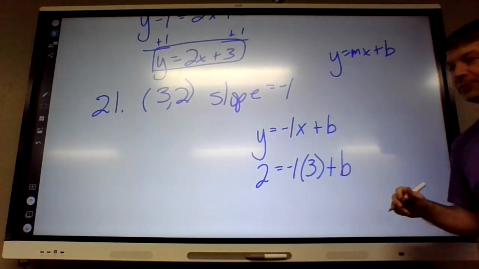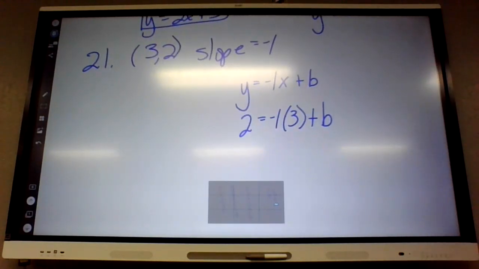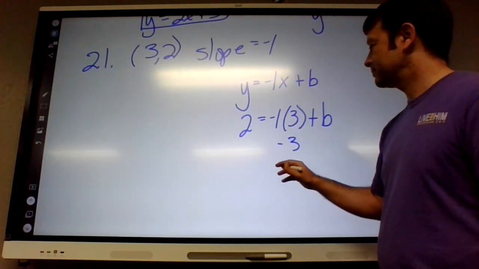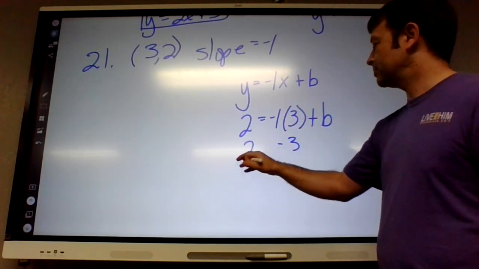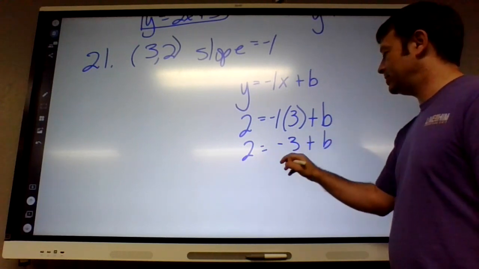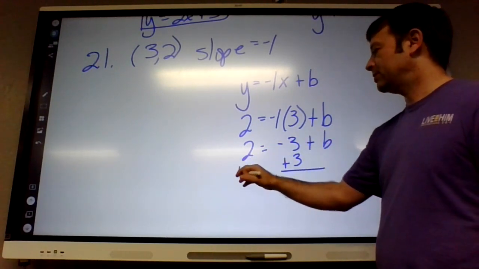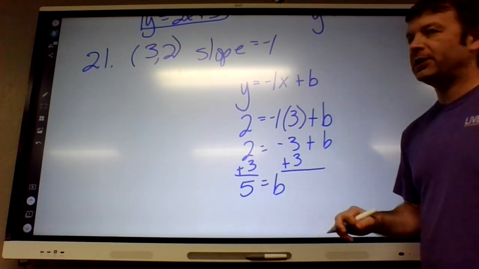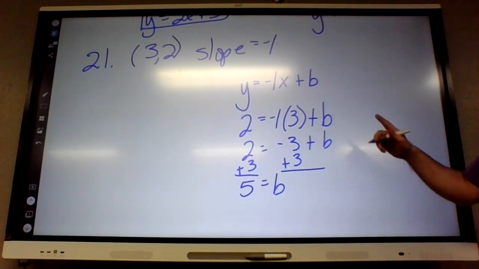Hey, remember chapter whatever this was? I don't remember what chapter it was, maybe 2, maybe 3. Okay, anyways, -1 times 3. So, how do we solve for b? Add 3. Okay, is b equal to 5 the answer?